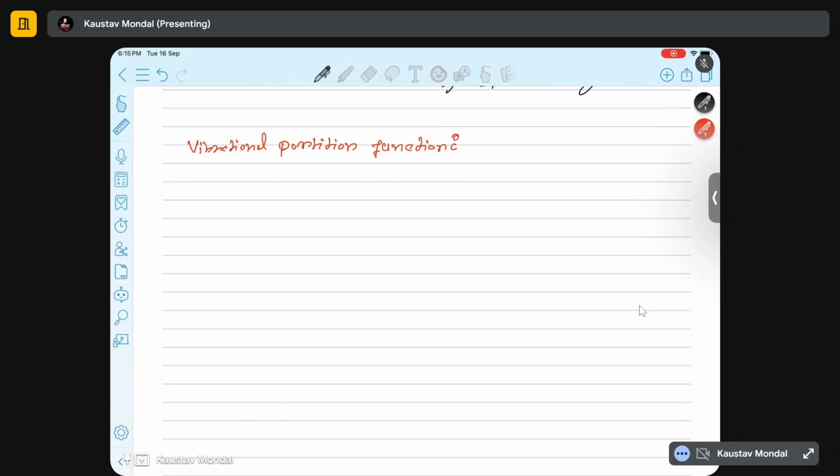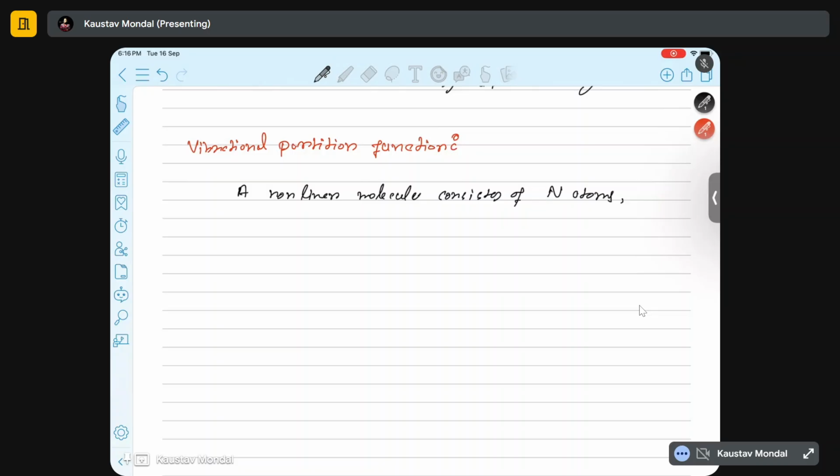Let's suppose a non-linear molecule consists of n atoms.